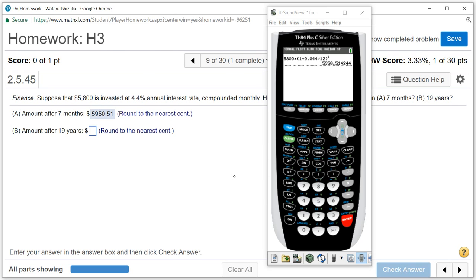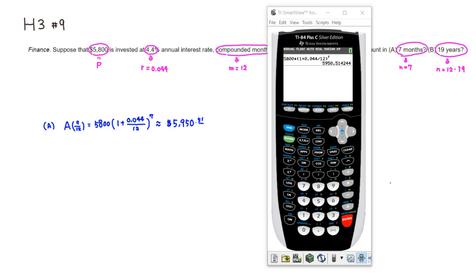All right, so for part B, we just have to change the t value. We just have to find A of 19, which is going to be 5,800 times the quantity 1 plus 0.044. These are exactly the same. We just have to change the exponent to 12 times a year, then you do it for 19 years.